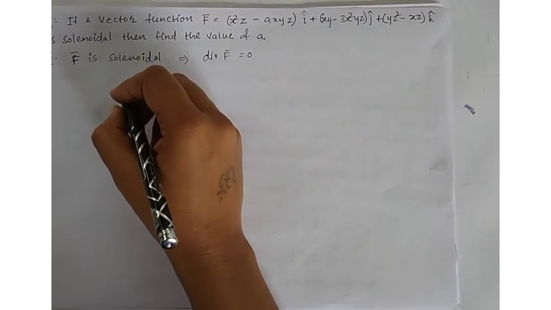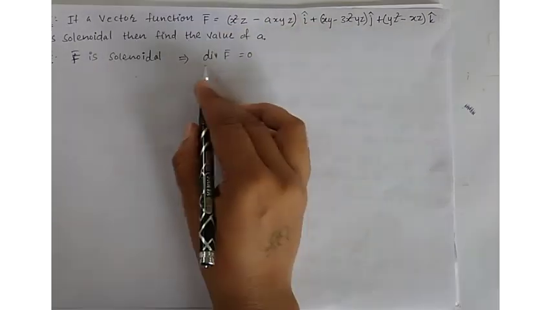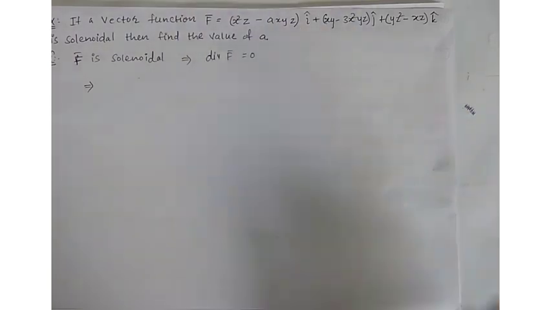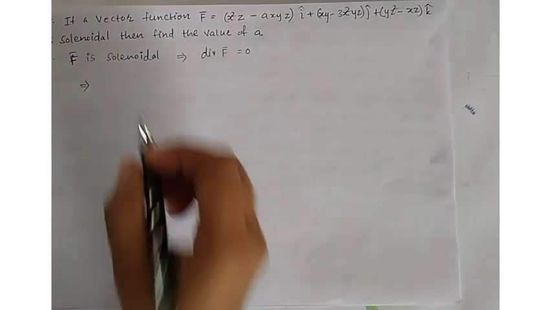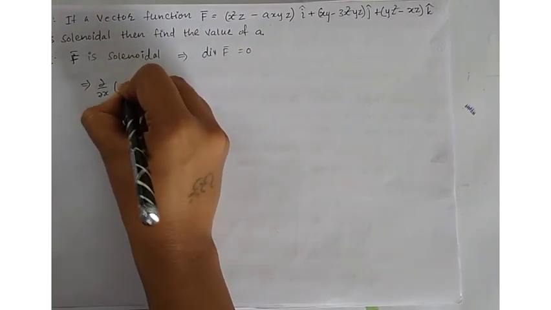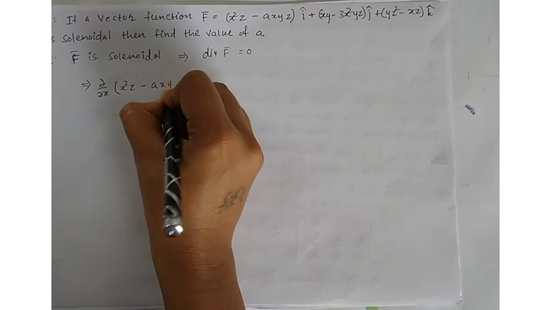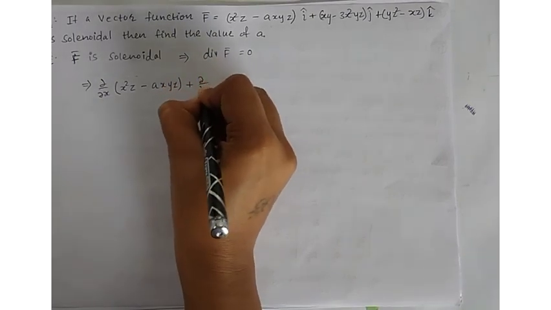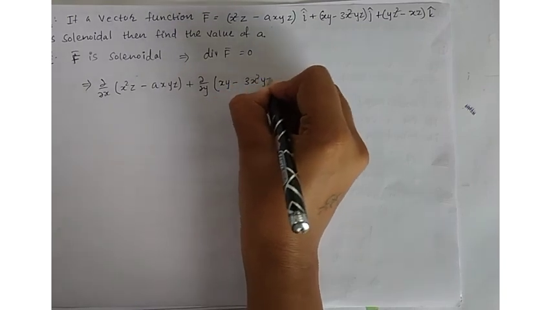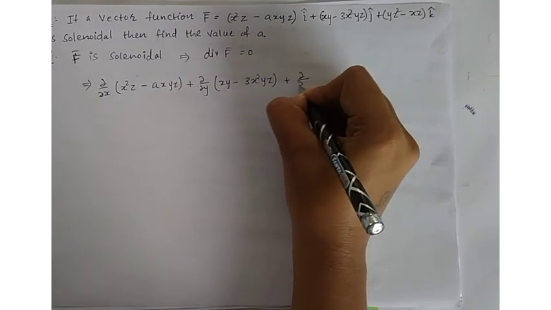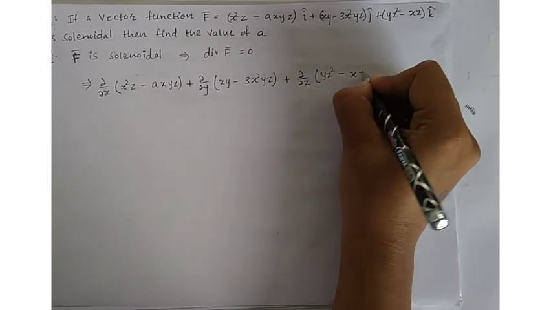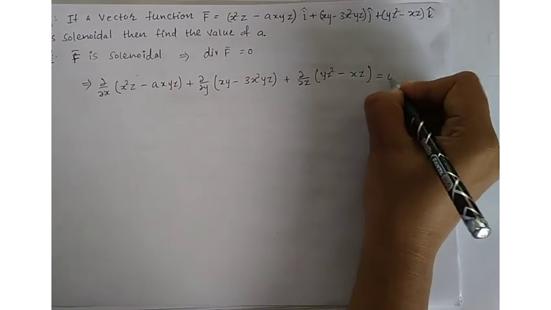So using this, taking the divergence of this function: del by del x of the first component, x square z minus axyz, plus del by del y of the second component, xy minus 3x square yz, plus del by del z of the third component, yz square minus xz, is 0.